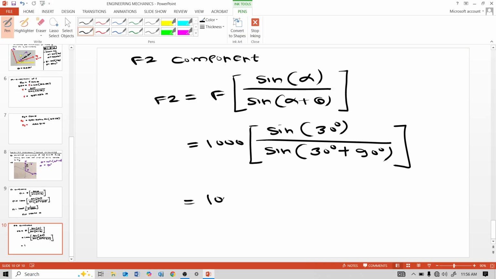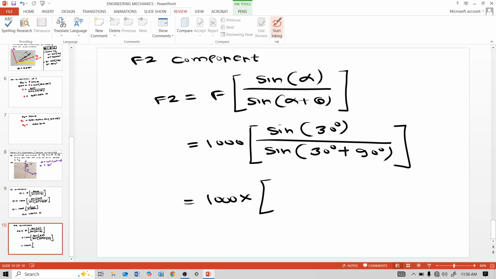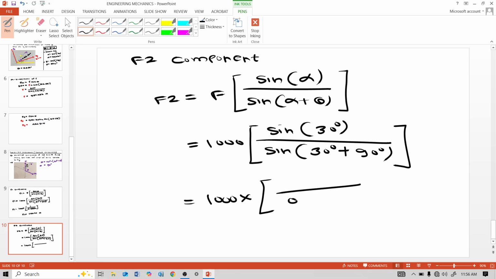So 1000 into sine 30, which is 0.5, upon sine of 30 plus 90 degree, which is 0.8660.